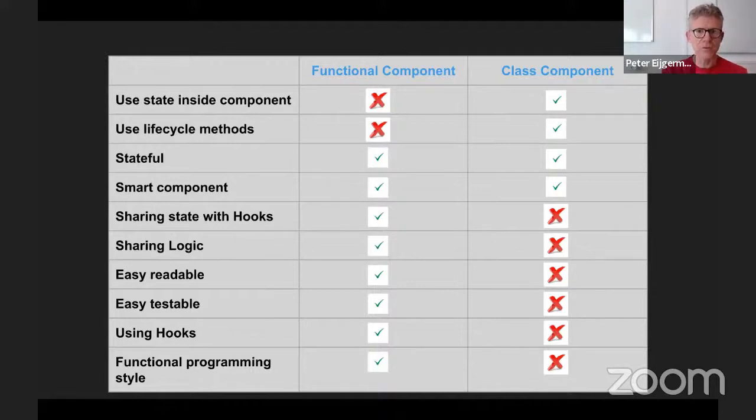They can be stateful, but also stateless, and both can also be smart components, of course. With function components you can use hooks, sharing logic, easier to read, easier to test, and we will see it later on. Functional programming style is the main style of programming.